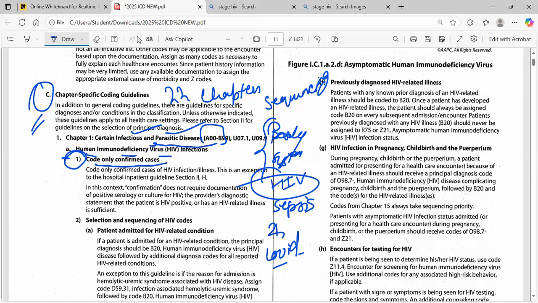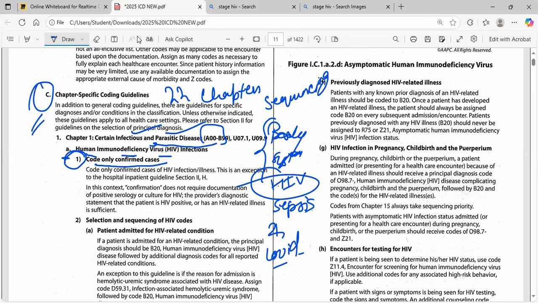Code only confirmed cases means we are not allowed to code suspected, probable, possible, or rule out conditions. We have to code only when the condition is verified or confirmed by the doctor.